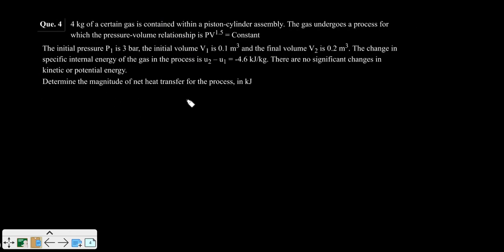So here it is saying that 4 kg of a certain gas, so here 4 kg is the mass of the gas, and it is contained within a piston cylinder assembly, and this gas undergoes a process in which pressure and volume have a relation like this one, right?